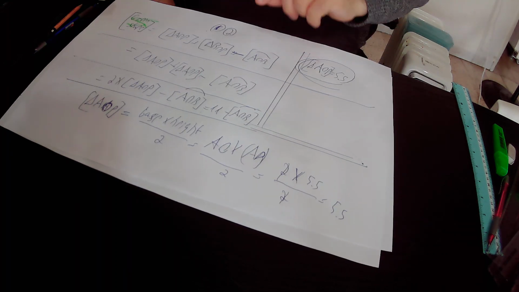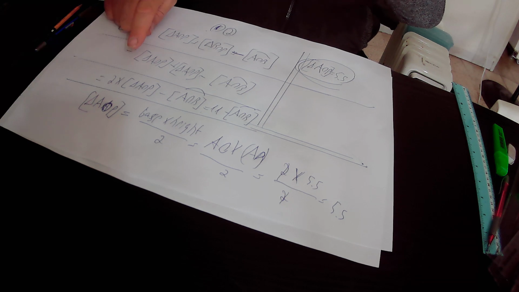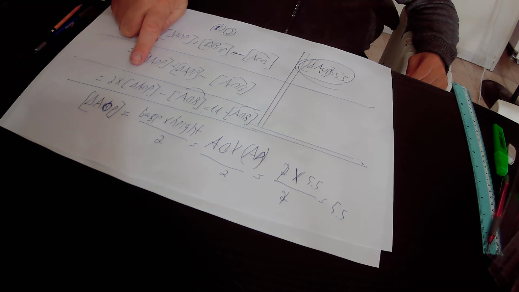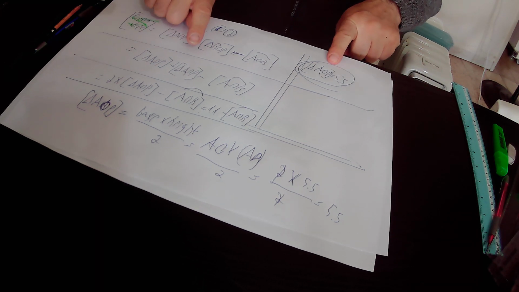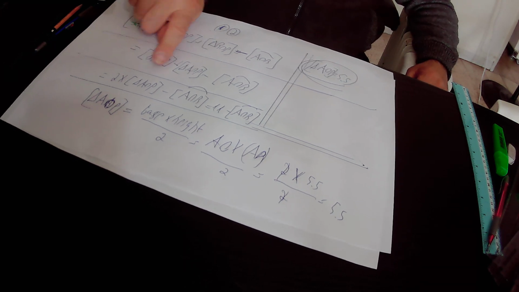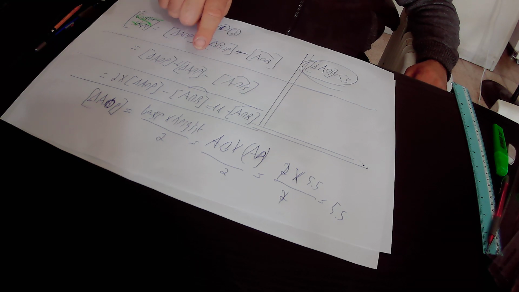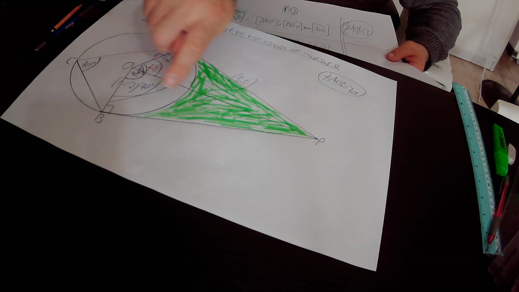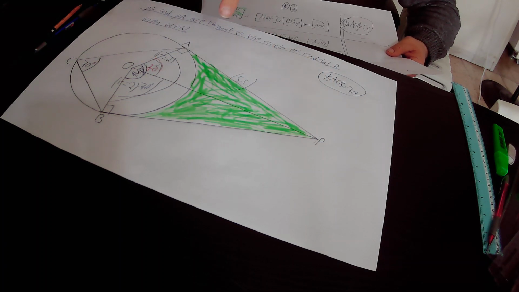We have to multiply that area, 5.5, by 2. 2 times 5.5 is 11. So 11 square units is the area of this quadrilateral AOBP.